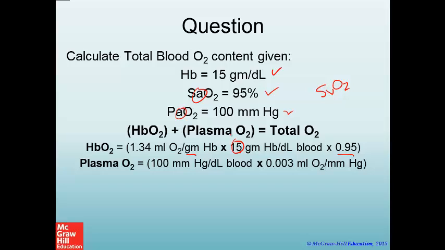And we know in the plasma, the PO2, the amount that's dissolved, is 100. And then we know that there are 0.003 milliliters of oxygen per milliliter of blood per mmHg. Right, so that's going to cancel the units and give us our answer in milliliters.